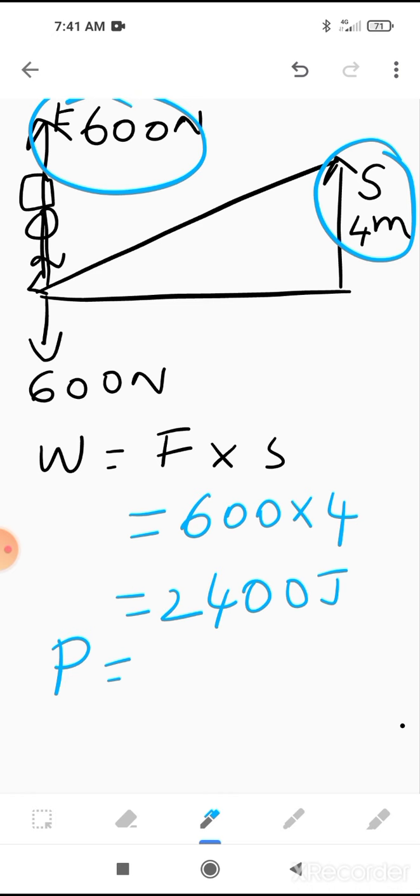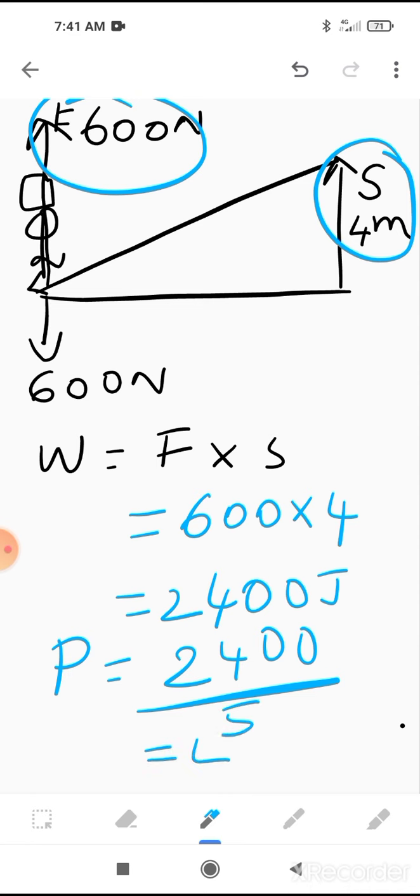So power is work upon time. Work is 2400 upon 5 seconds. So you will get the answer as 480 watt.